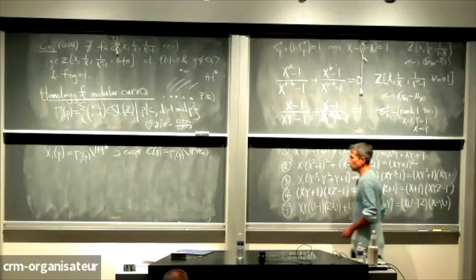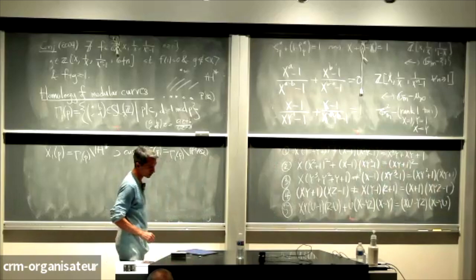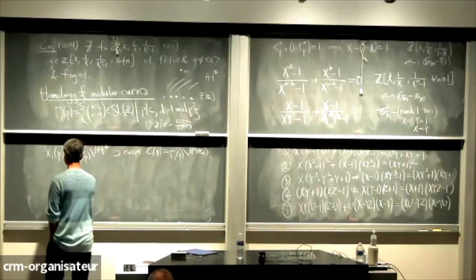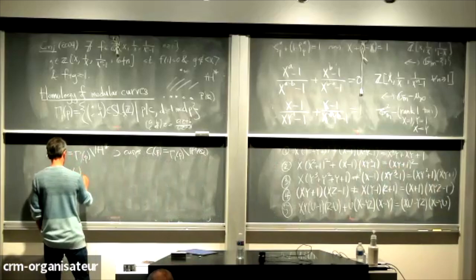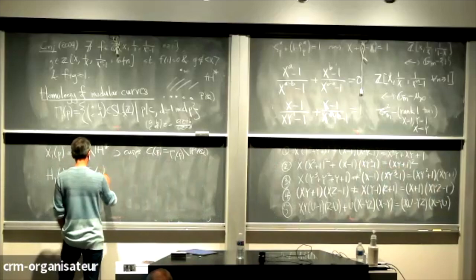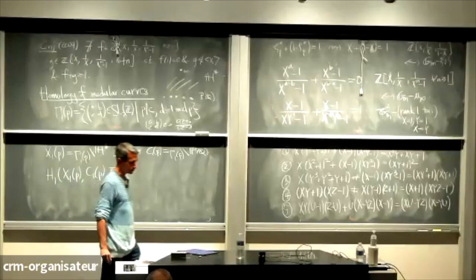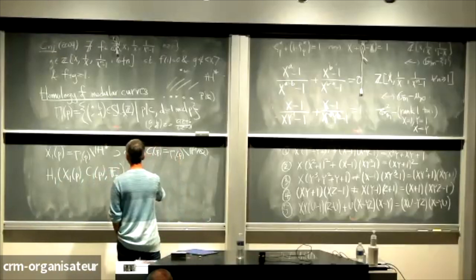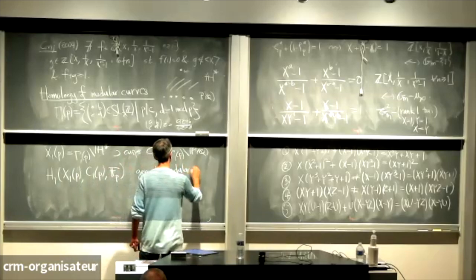Okay. And I can consider the homology of this curve relative to the cusps. H1 of the curve relative to cusps. I'm going to take it with F_p coefficients because why not? So it's generated by modular symbols, which are classes of paths between the cusps.